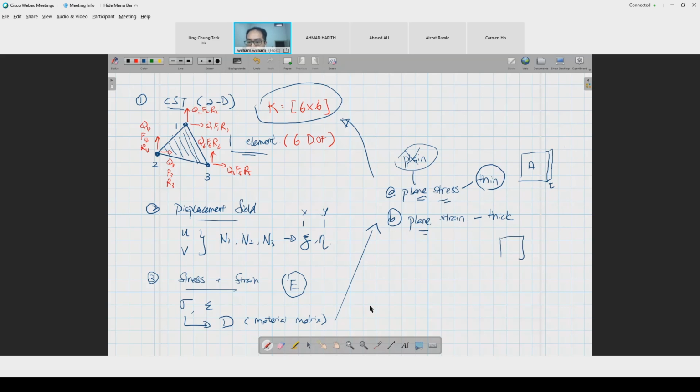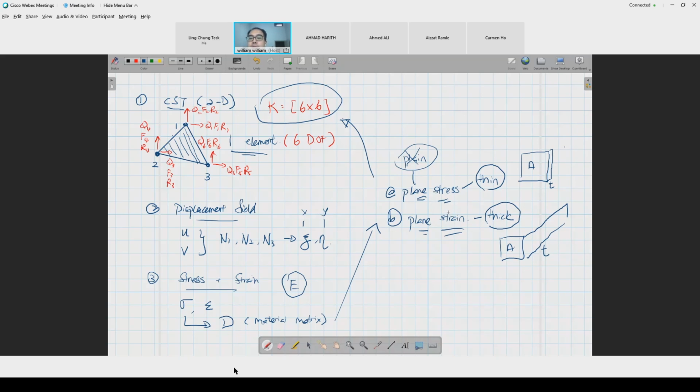But if you have this as the area, and the thickness is much larger compared to the area, it's a very thick structure, then you will have the plane strain assumption. So I hope this is clear. For very thin compared to the area, you have plane stress. For very thick compared to the area, you have plane strain.